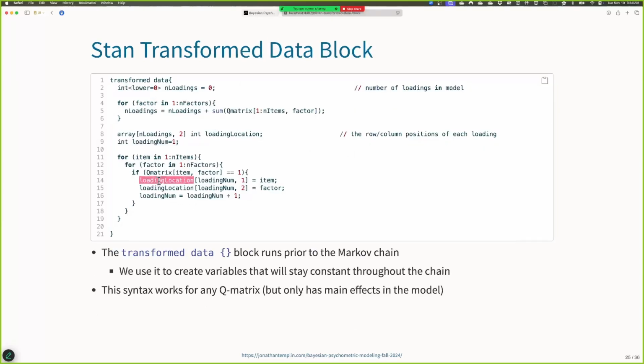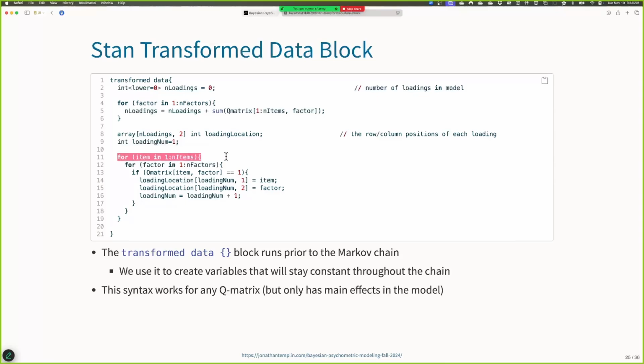I'm creating a matrix called loading location. If you think about a loading, the lambda, if you think of that lambda pattern matrix, a row will tell us which item it applies to, and a column will tell us which latent variable it multiplies. So I'm going to run through every element of the Q matrix right here.